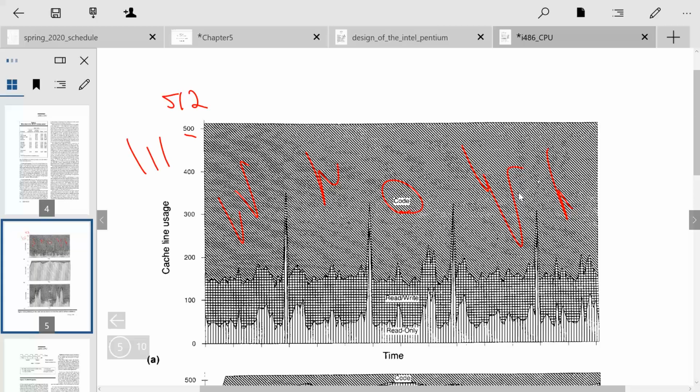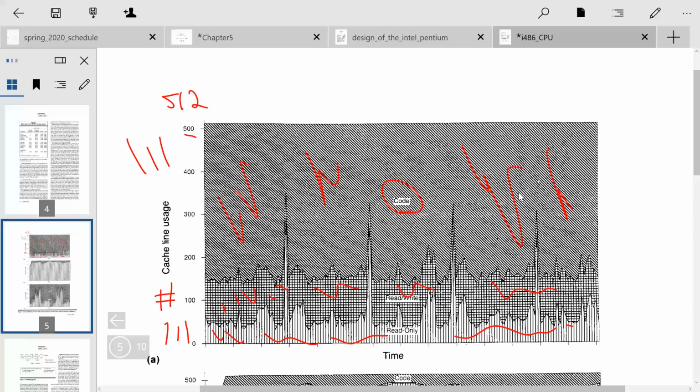So here we can see that over 300 lines of our cache are dedicated to code. Okay, and then here we see about 100 is dedicated to, with this squared pattern here, read-write data, and then about 50 or so lines is dedicated to read-only data, which is right here with this pattern here.